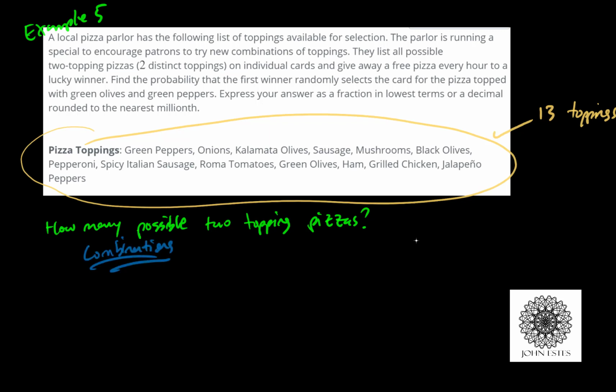And we know there's 13 toppings, and so we need to calculate the number of ways that out of 13 you can pick 2. I like to write it like this. That's more mathematical. The 13 choose 2. And so that's going to be, by definition, 13 factorial over 2 factorial times 13 minus 2, which is 11 factorial.